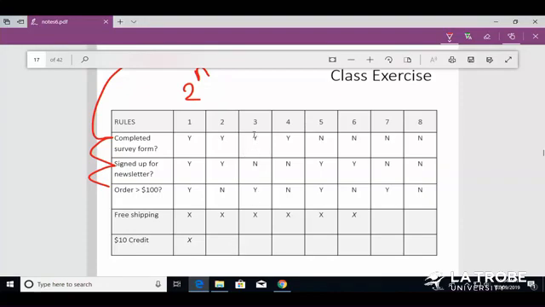The third rule, he did complete the survey, but he didn't sign up for the newspaper, but he ordered over $100, he is still getting free shipping, but without any $10 credit. And the fourth one, yes, no, no. So he will get free shipping for the 5th and 6th as well.